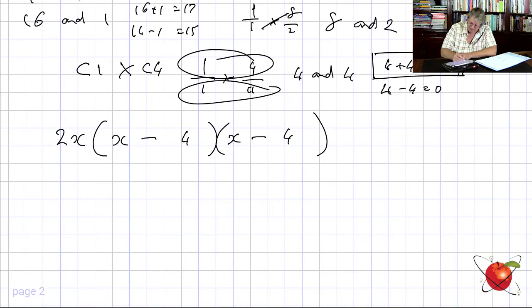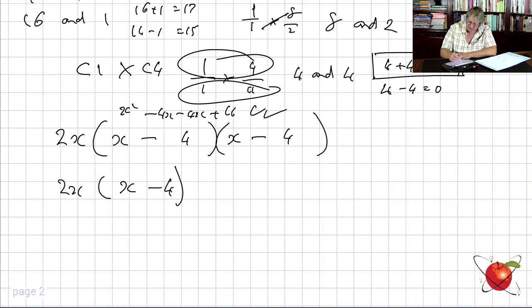I do a quick check of this. x squared minus 4x plus 16, tick, tick, got it. So my final answer is 2x, and when we are factorizing, we take it down to x minus that, all squared. Okay, now let's have a look at something slightly more difficult.